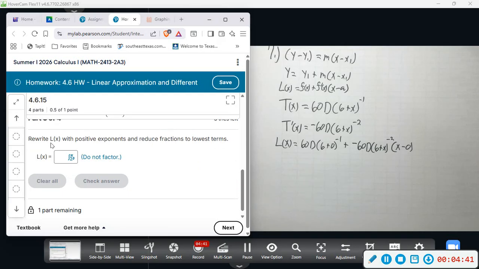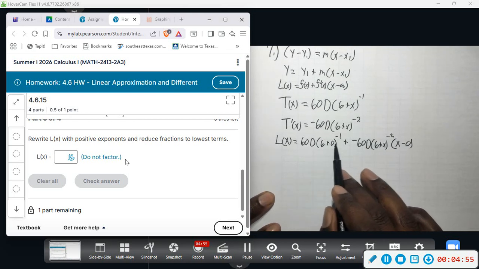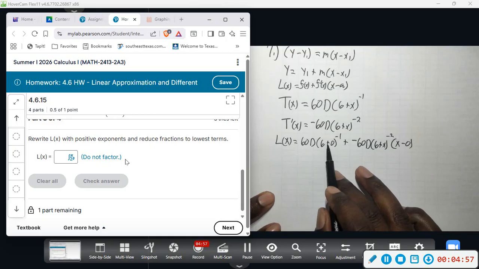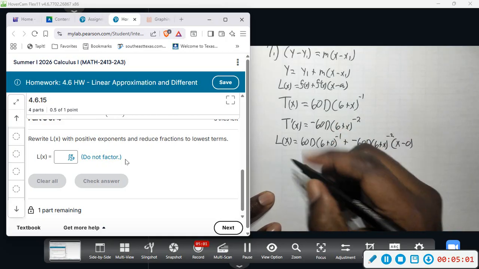All right, part 3 says rewrite Lx with positive exponents and reduce to lowest terms. It says do not factor. Okay, so we're going to simplify this. This is 6 plus 0, and then 1 to the negative power, we're going to move that to the bottom.